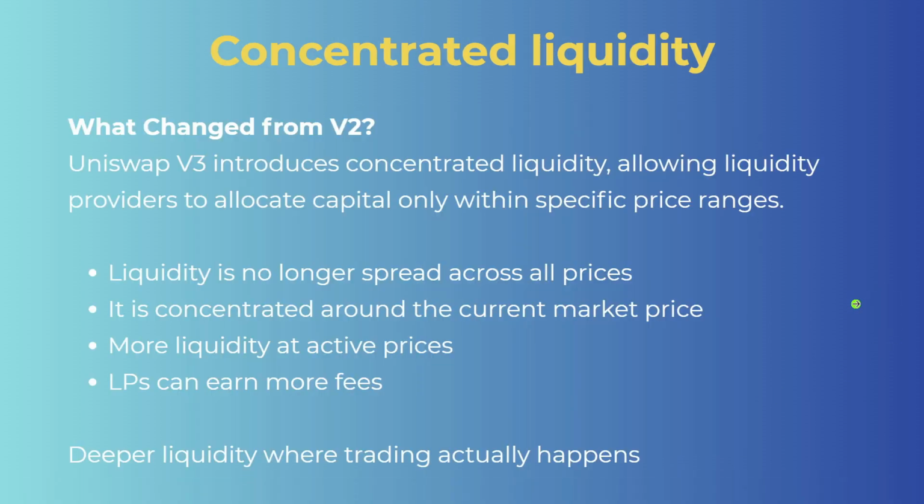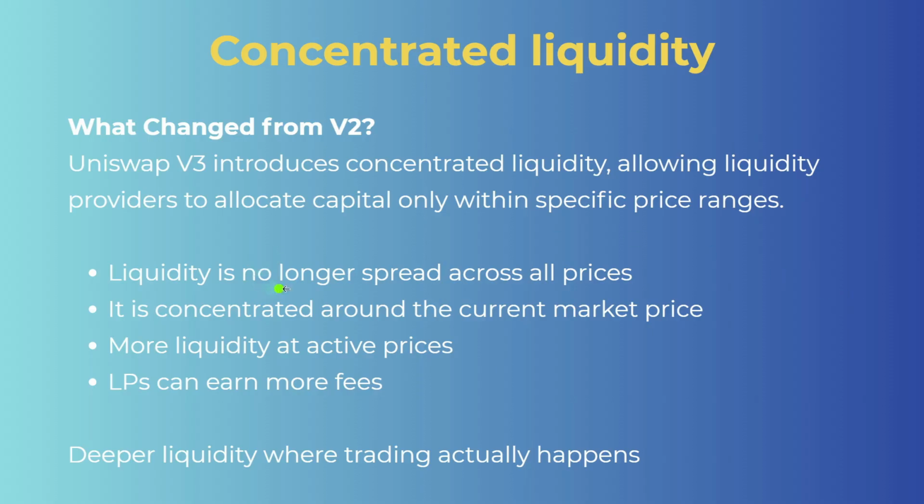So let's talk about this new concept of concentrated liquidity that has been introduced in Uniswap V3. What changed with respect to Uniswap V2? In Uniswap V3, this concept of concentrated liquidity allows liquidity providers to allocate capital within specific price ranges.